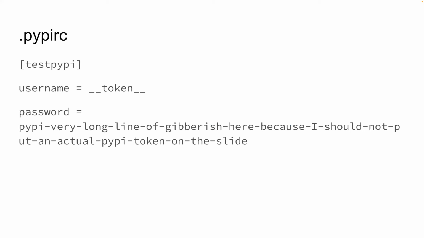If somebody steals your token, they can't do very much with it. Yes, they can upload a package pretending that they are you, but they cannot log into your PyPI account and take it away and change the password, things like that. So even if somebody happens to upload some junk package under your name, you can afterwards log in and remove it and change the password so it doesn't happen again.